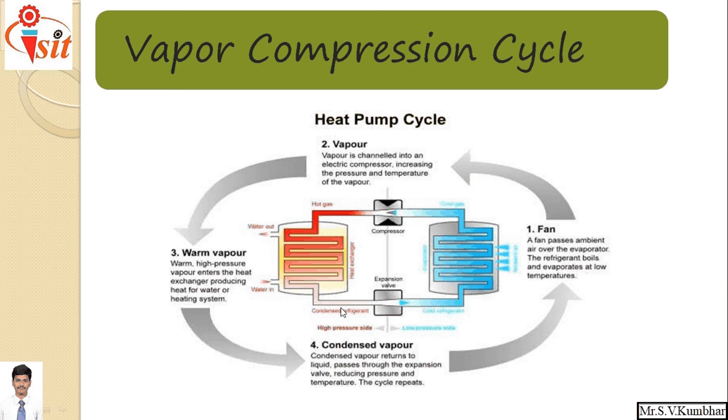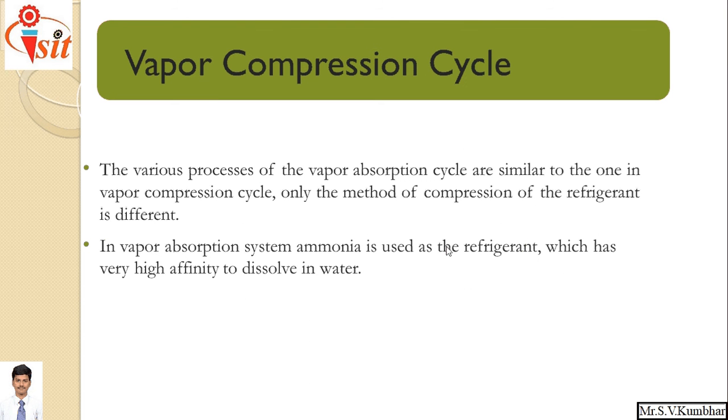High pressure, low temperature liquid refrigerant finally flows through the expansion valve, where its pressure drops down considerably, and here again the cooling effect is achieved. This is the vapor compression refrigeration cycle, which is used in a heat pump.